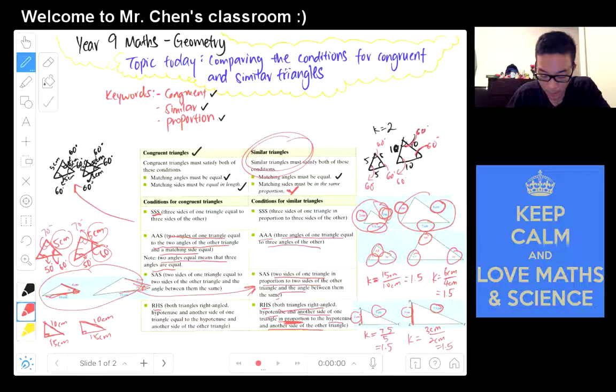So that means both right angle triangles are similar because they have the same scale factor. It doesn't matter how you calculate it, it's going to be 1.5 on all sides. Okay, so that is a similar right angle triangle.